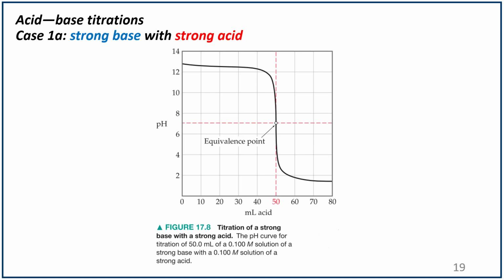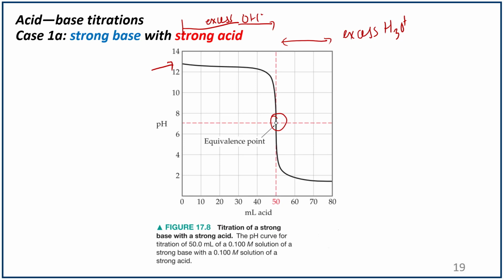As you can see, the only difference is we just start at a pH which is basic. At this point we have an excess of OH minus ions, and then to the right of the equivalence point, we now have an excess of acid, or H3O+. But the pH at the equivalence point is still 7, because again, this is a strong acid and a strong base. It will produce a neutral salt.